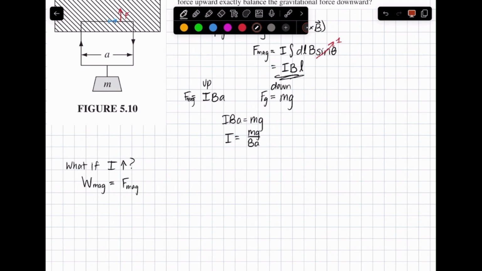Let's say that the mass moves some length h. And so we'll have this evaluation where the work is done by the magnetic field. Well, this is preposterous. This is not true. We know that all magnetic forces don't do work.